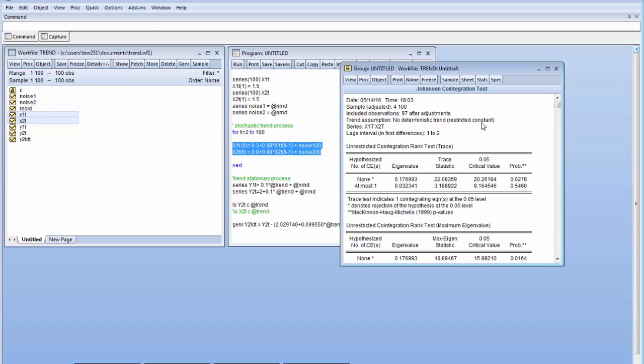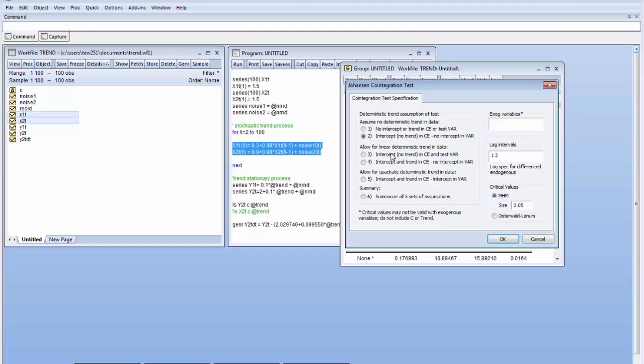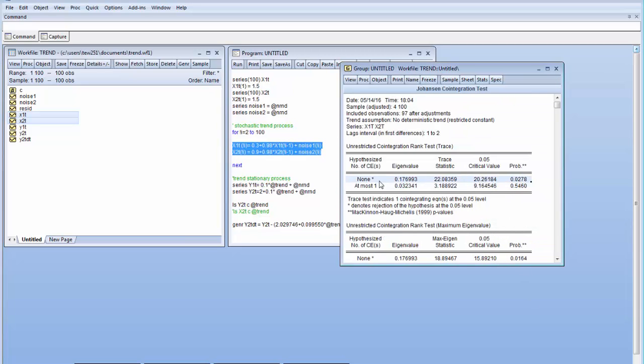This is a restricted constant, and that means maybe the series when differenced have zero mean. So you could stick to the first test. However, most likely you will choose this because it's showing something you're interested in seeing, which is one cointegrating relation.